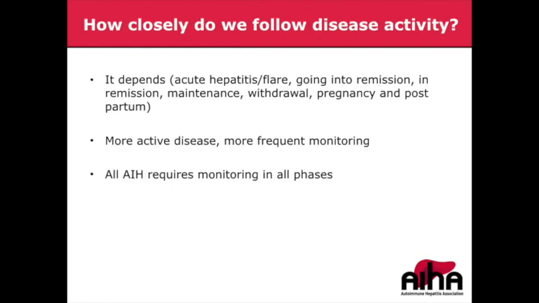And in terms of how closely we monitor the labs, it really depends. In an acute situation where there's severe hepatitis, there's a flare, you're probably going to want to look at the liver enzymes more frequently. In someone who's already settling down and going into remission, you could probably ease off on the lab frequency. Someone who's been doing really well in remission for quite a while, you could back down a little bit more.